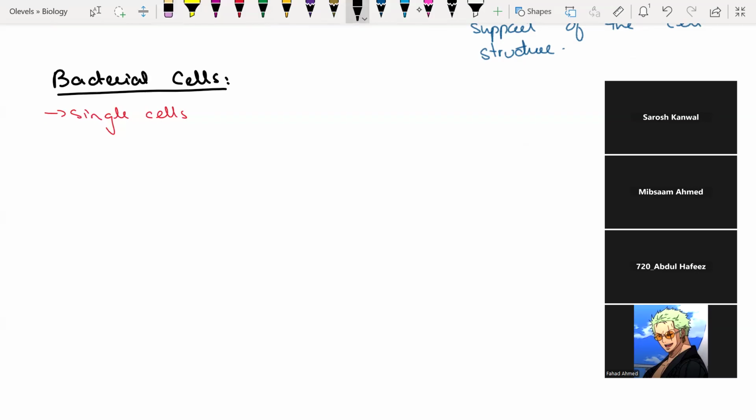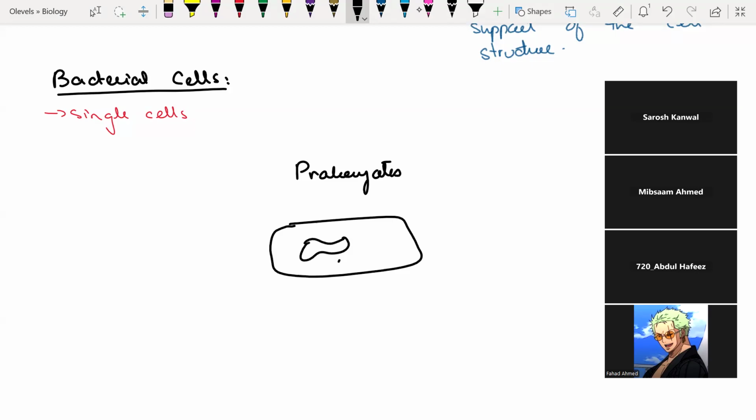Now, prokaryotes are single-celled only, right? And the major difference is in their nucleus. So prokaryotes do not have a true nucleus. Why do we say that they do not have a true nucleus? Because their genetic material is just lying in the cytoplasm. There is no proper membrane around that genetic material.